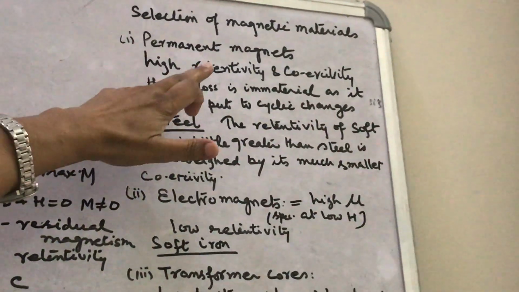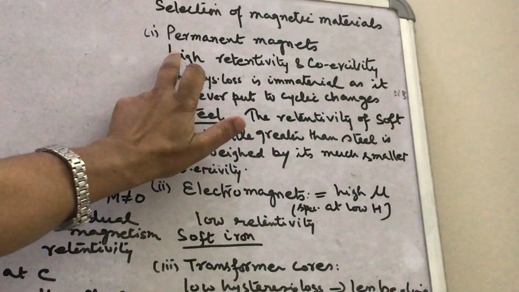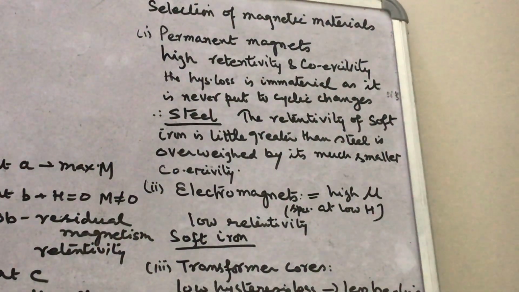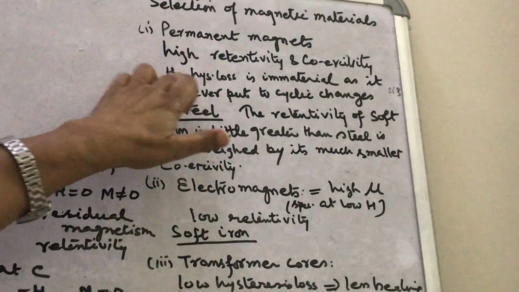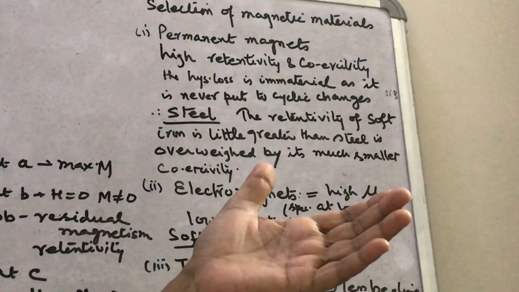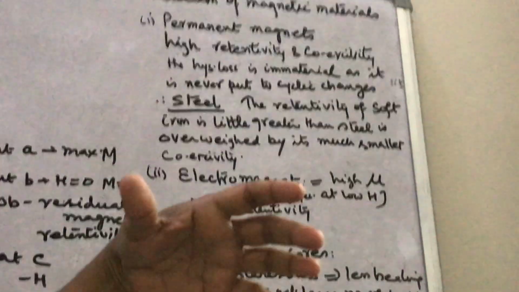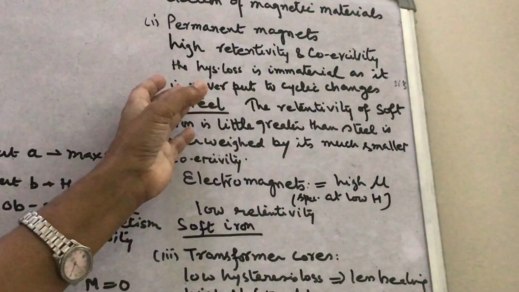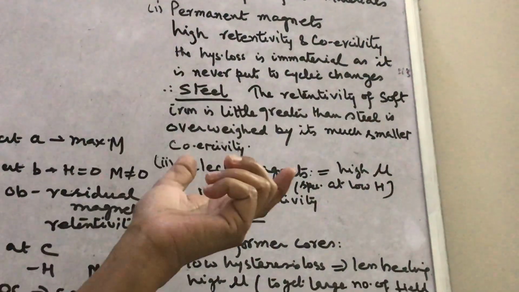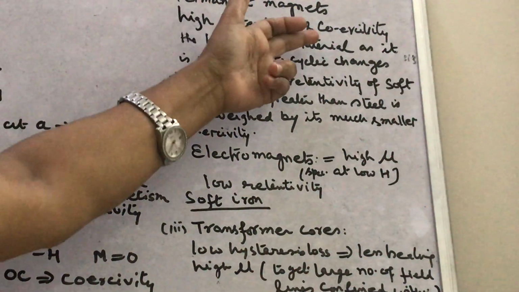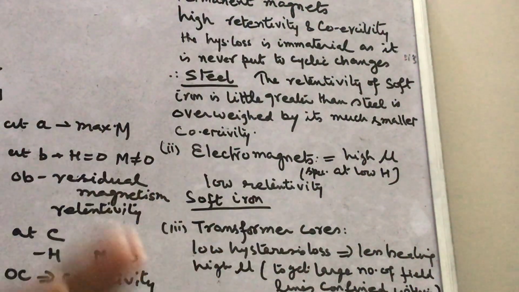For a permanent magnet, the area of the hysteresis loop is immaterial because it is never put through cyclic magnetization changes. So these two factors are important for making a substance a permanent magnet.